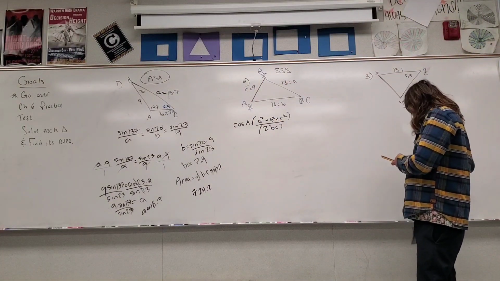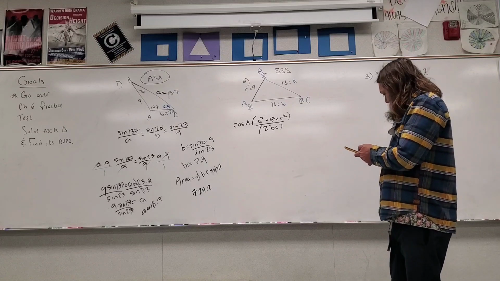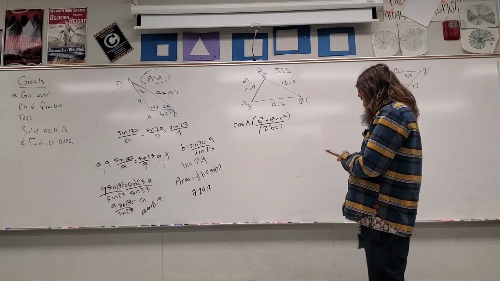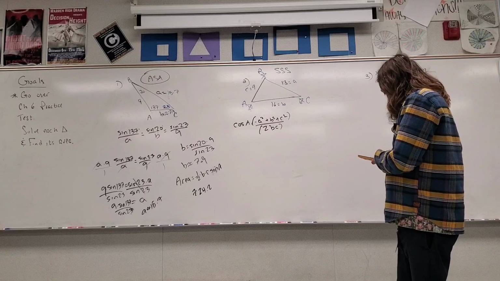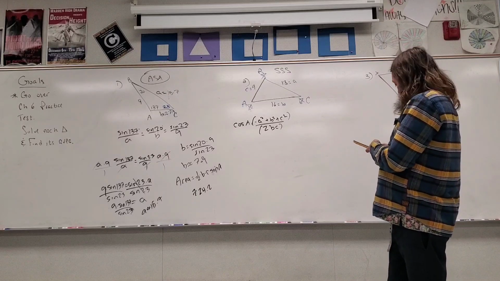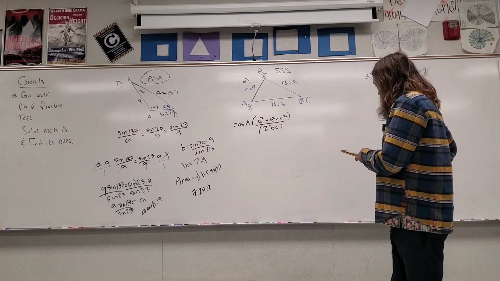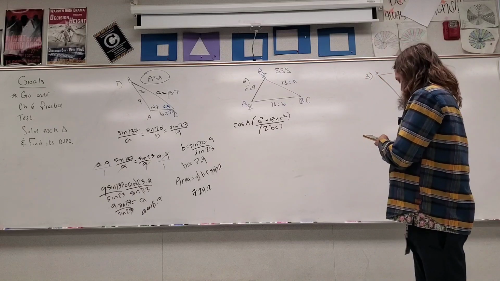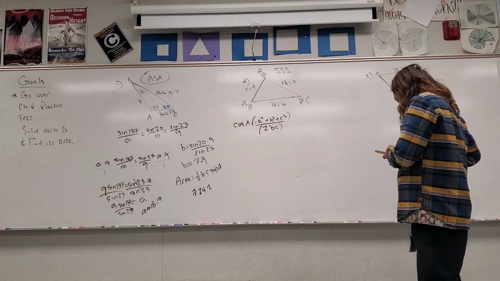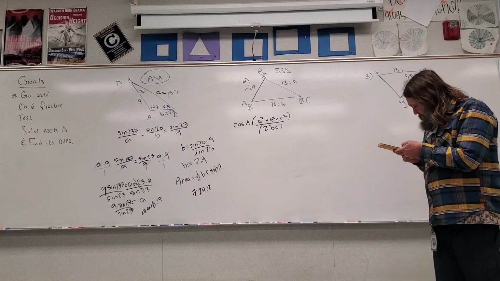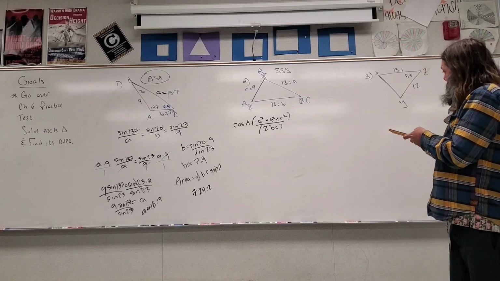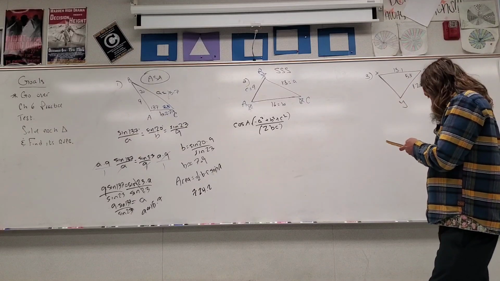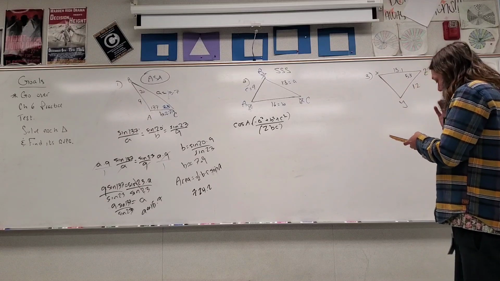Okay, clear, exit. Okay. So second cosine, parenthesis, negative sign, 13 squared plus 16 squared plus 9 squared.